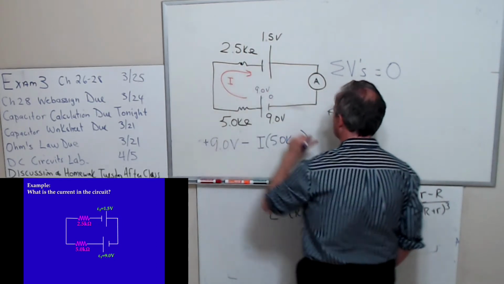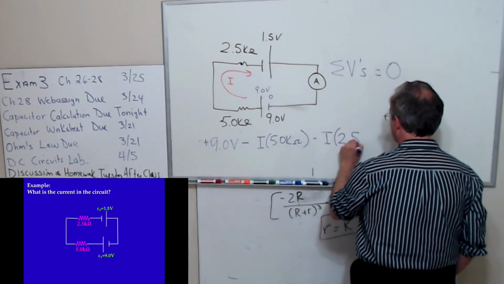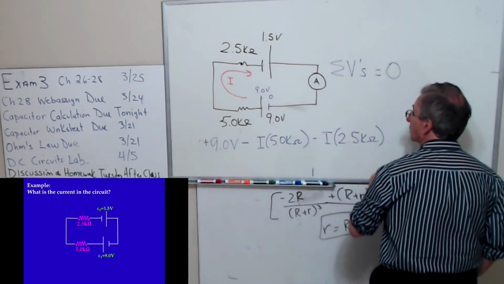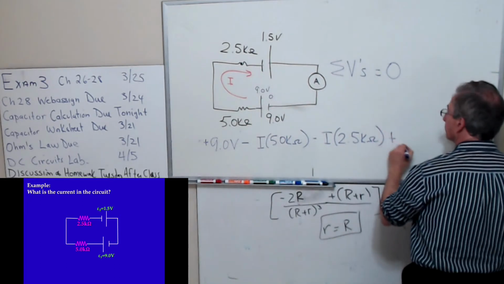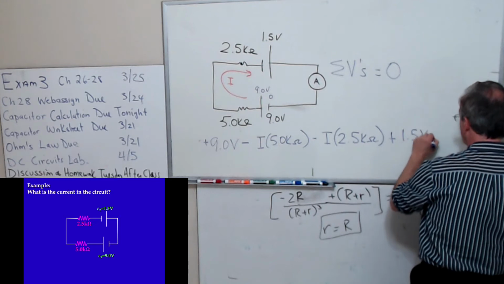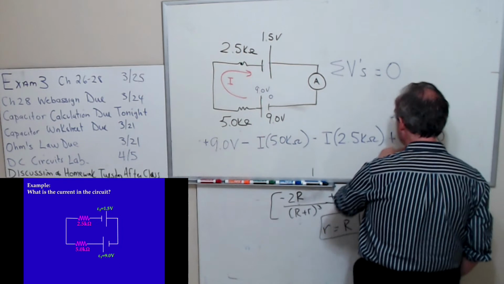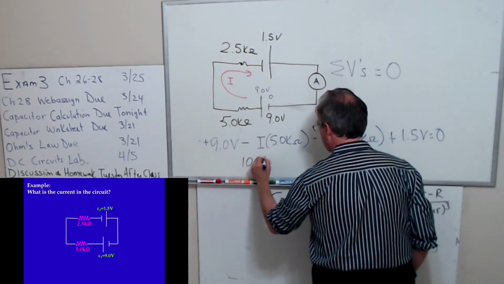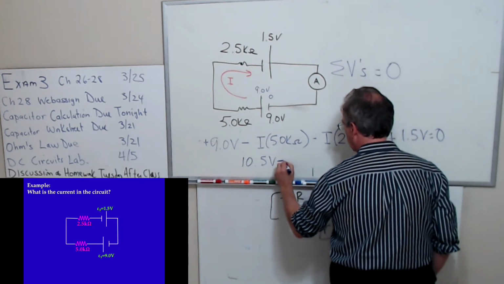Then the voltage will drop again. But then I go from a lower voltage to a higher voltage. So this 9 plus 1.5 is 10.5.